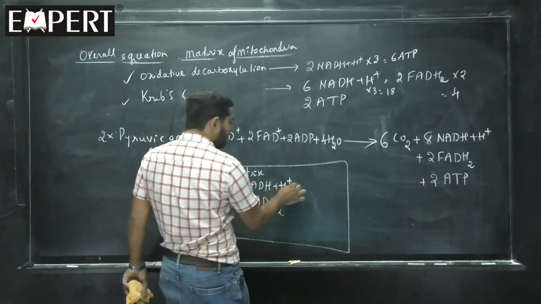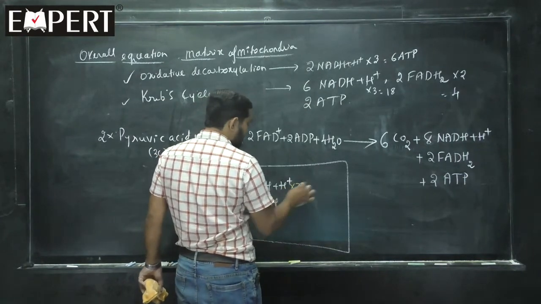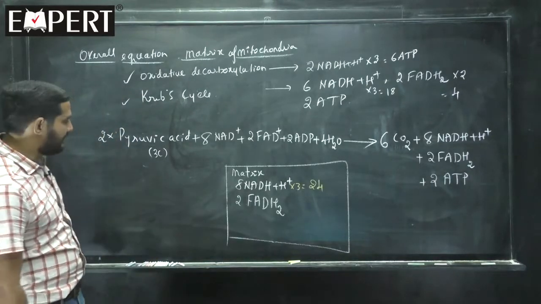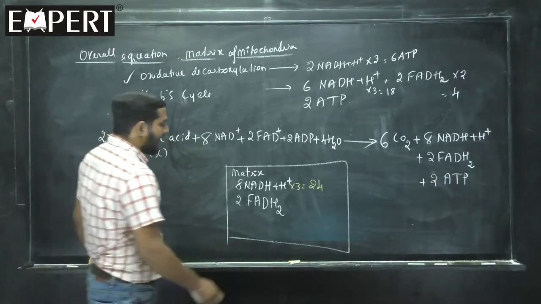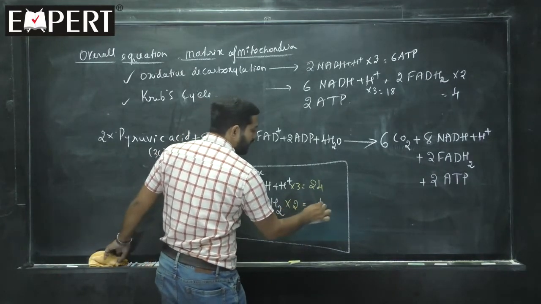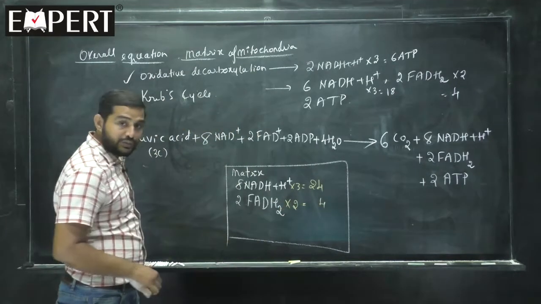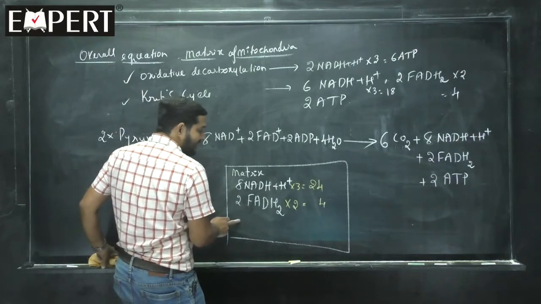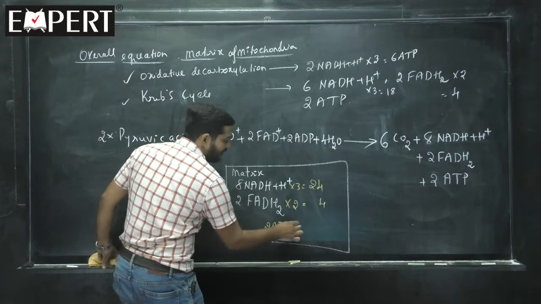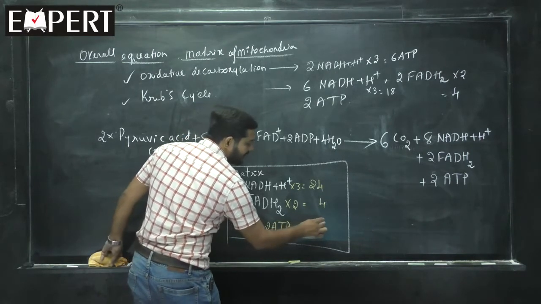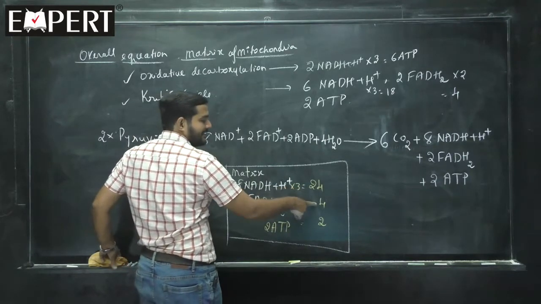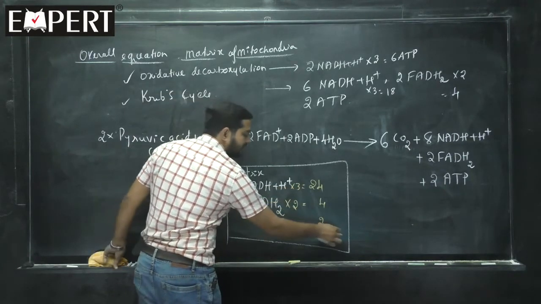That means into 3 if I make it, 24, we can write 24. Clear? And into 2 if I make it here, 4 over. And we know that in addition to this 2 ATPs are formed, right, by the substrate level phosphorylation. So, plus 2. So, how many over? 24 plus 4, 28 plus 2, 30 over.